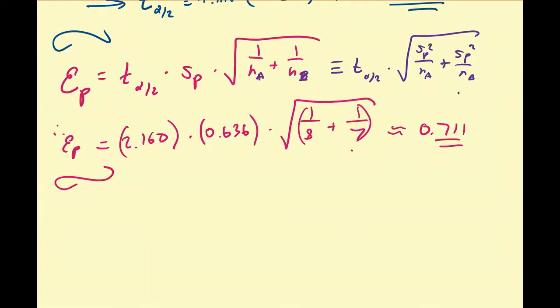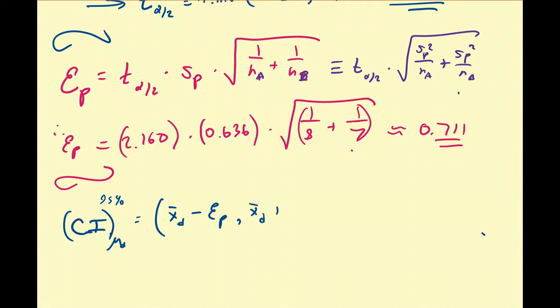All right, wonderful. So from here, what do we do? Our confidence interval for the mean difference, and we're using a 95% confidence level, uses x bar d as the point estimate for mu d. So that's going to be the center of our confidence interval, plus or minus our marginal error for our pooled variance t-test. Our point estimate, recall, was 1.198.